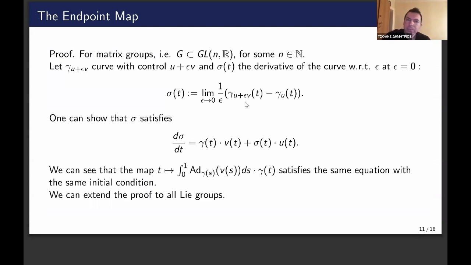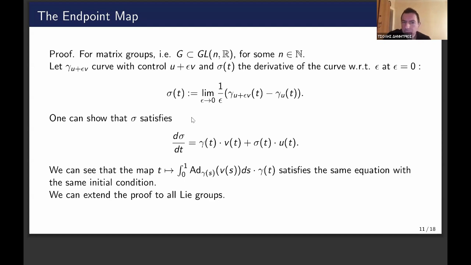Okay, to prove this, we need to take a perturbation of the control. So instead of u, you have u plus epsilon v, and that's a perturbation of the control. And we take the derivative of the curve with respect to the perturbation, so with respect to epsilon, this is a kind of variation. So we take this, and we define it like this.